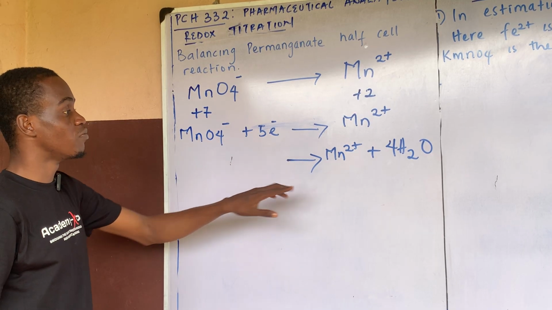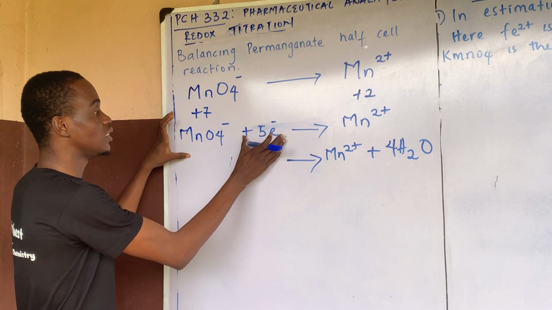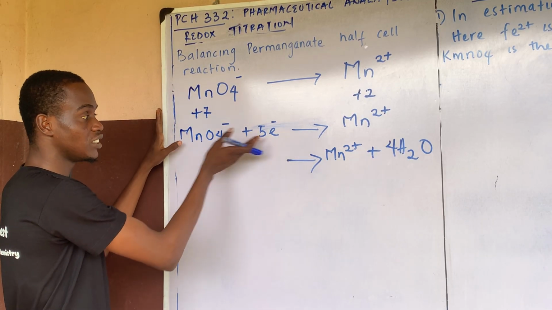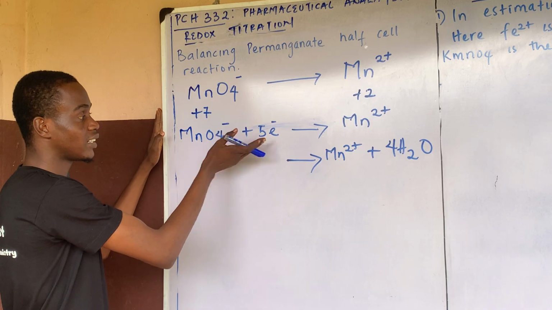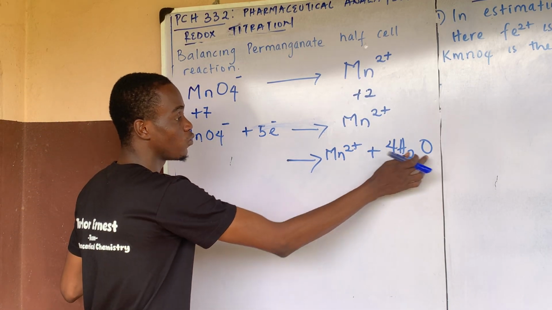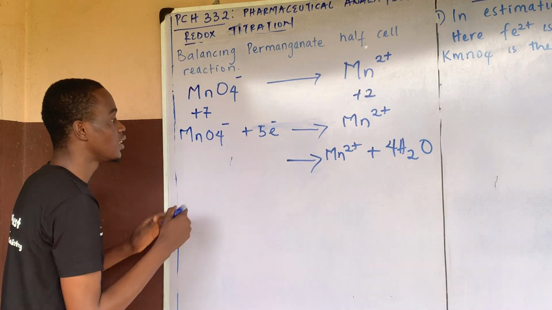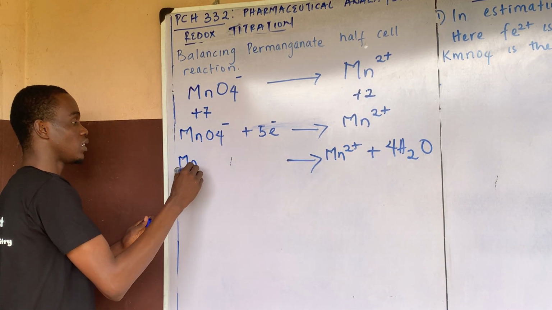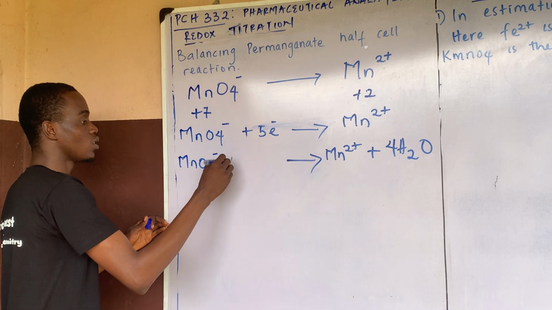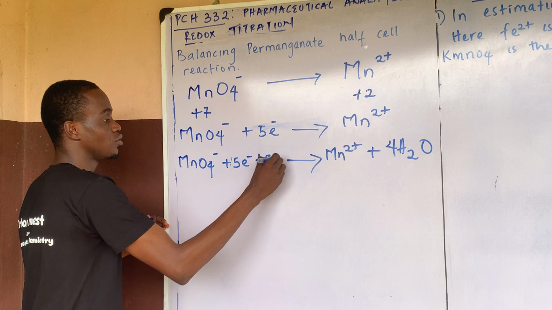We've balanced oxygen as 4, but there's no hydrogen in the reactant part. So we have water, 4 times 2 is 8 hydrogen, 4 oxygen, that's balanced, but we have to put 8 hydrogen here, and it becomes MnO4 minus plus 5e minus plus 8 hydrogen.